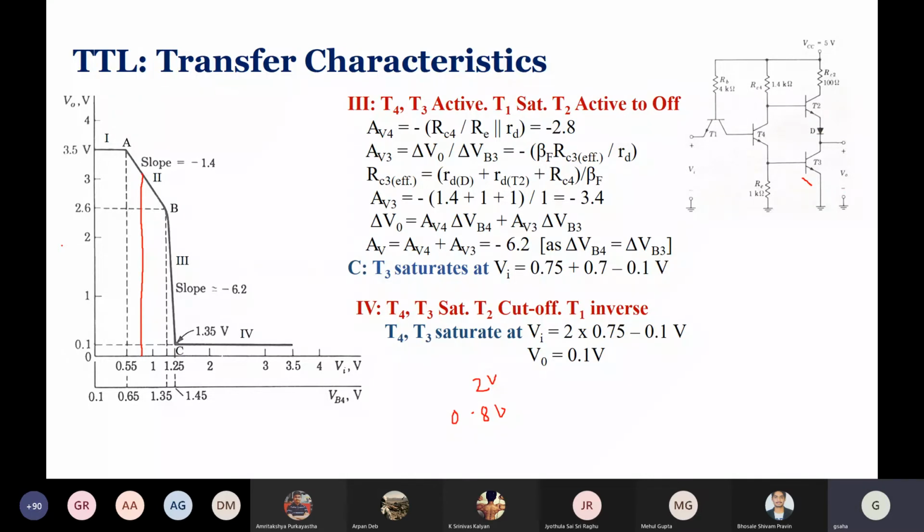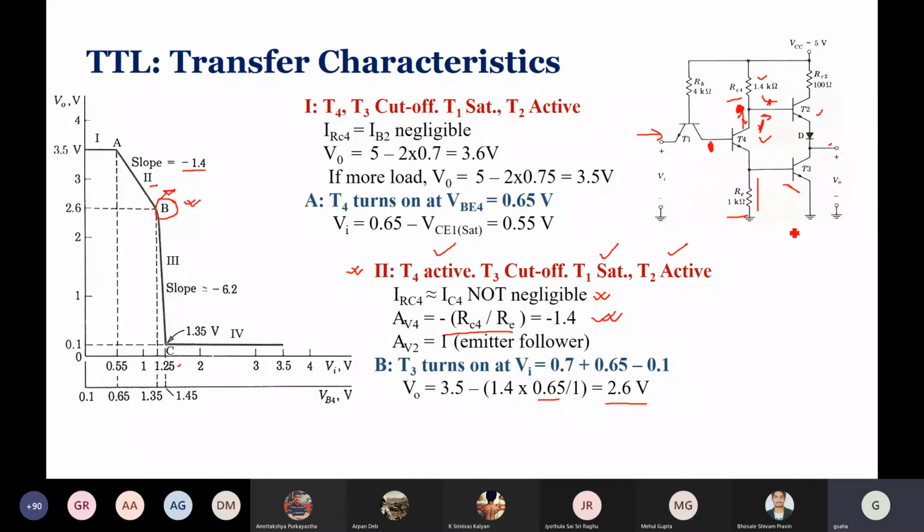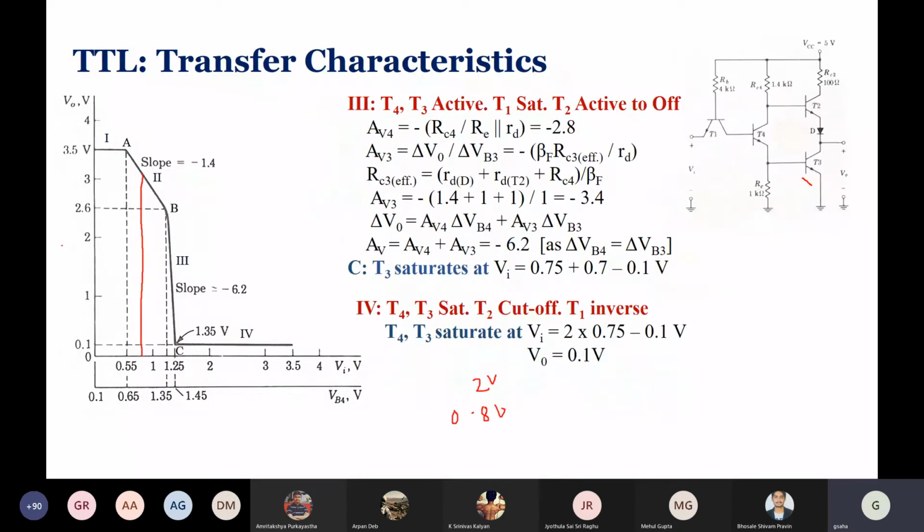So this is region 2. T2 is active and T3 is cut off. So we can go beyond 0.55 volt to 0.8 volt and still expect that the circuit is performing nicely, and we do not want to go further. That will be taking a little bit more of a risk.